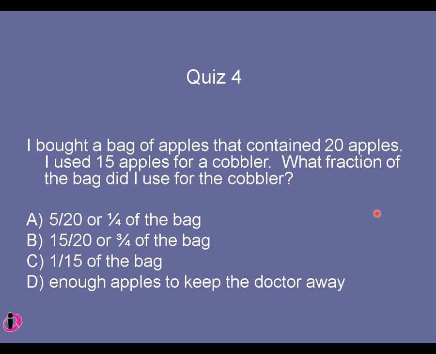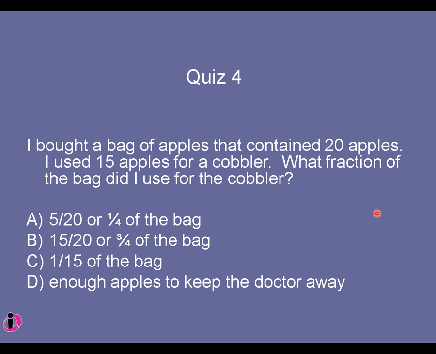Let's see whether we understand this problem. I bought a bag of apples that contained 20 apples, and I used 15 apples for a cobbler. What fraction of the bag did I use? Pretty similar problem. What might be the right answer? So the right answer is B, right? So 15/20, which, again, if you simplify, you get 3/4, right?